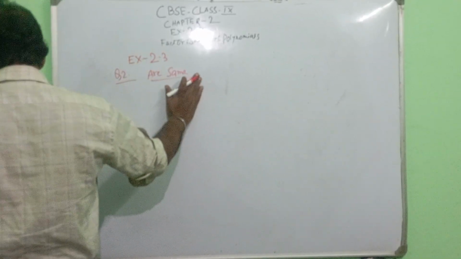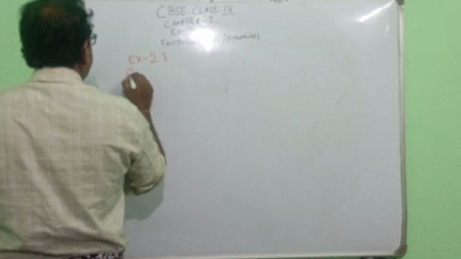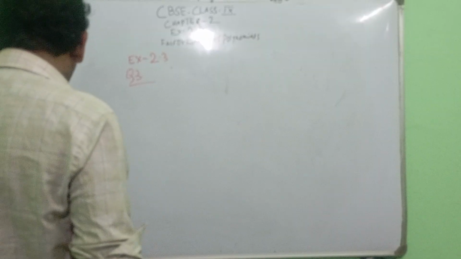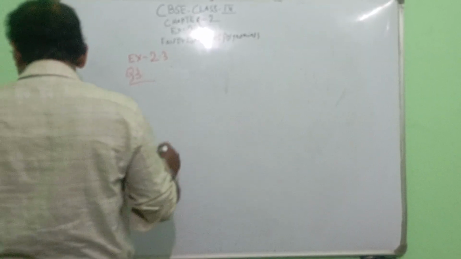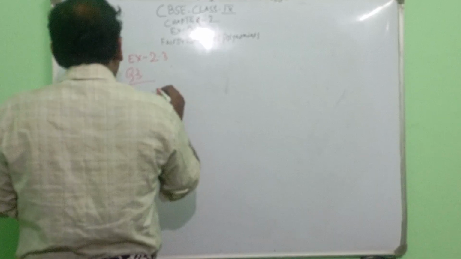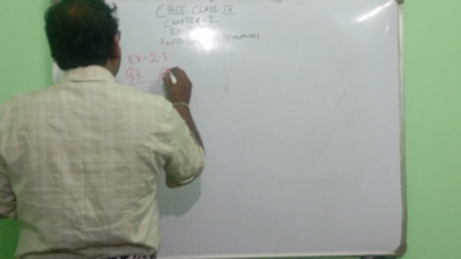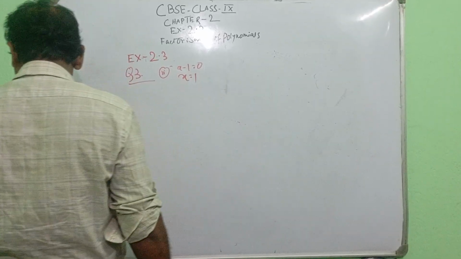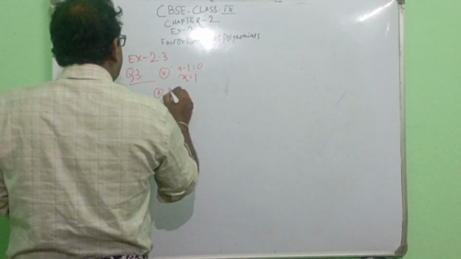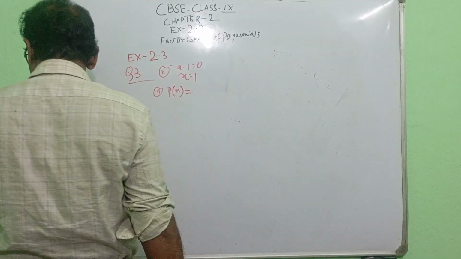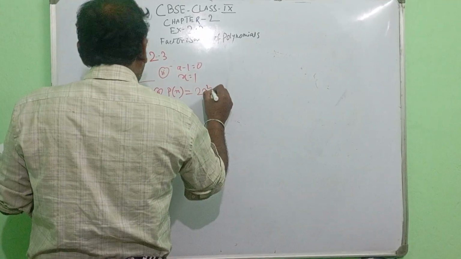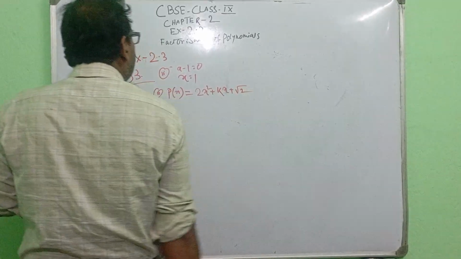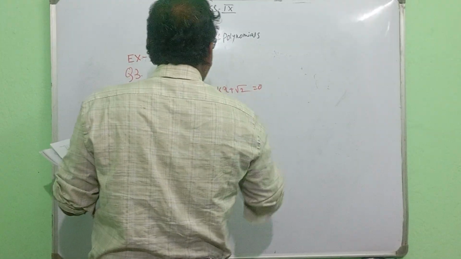Now we are going to the value of k, question number 3. Simply they have said find the value of k. If we take that question number 2, x minus 1 is a factor, that means x is equal to 1, so p(x) is equal to 2x square plus kx plus something, should be 0.